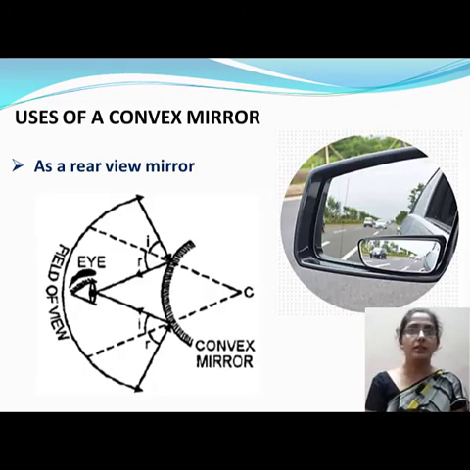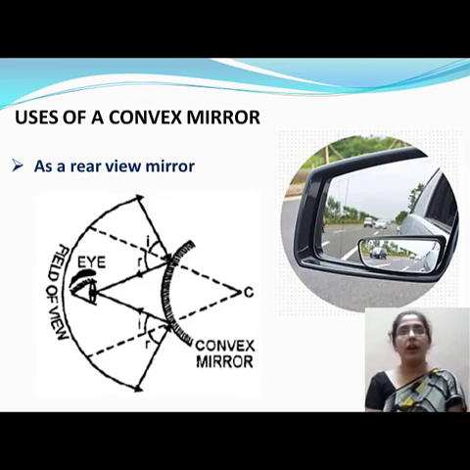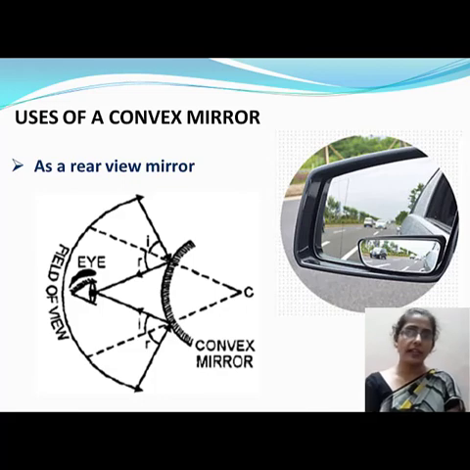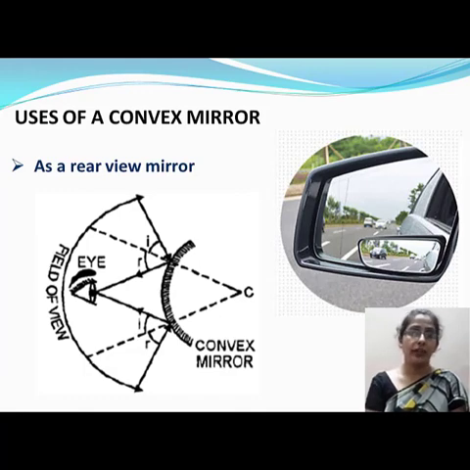Secondly, it is used as a rear view mirror. It diverges the light beam and forms a virtual, erect and small image between its pole and focus. This fact enables the driver to use it as a rear view mirror and see the vehicles coming behind them. With this, we end the chapter.